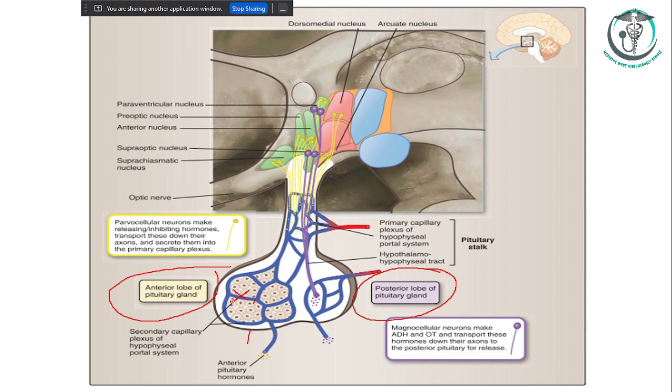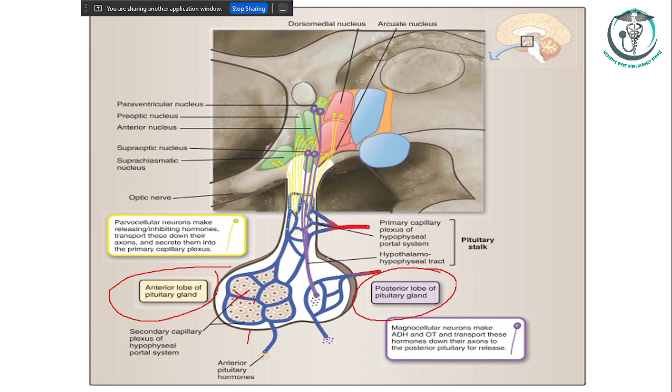Then the cells of the anterior pituitary gland respond based on what type of hormone was released by the hypothalamus. That is how the hypothalamus is able to control the anterior pituitary gland. But the arrangement on the posterior aspect is different. On the posterior aspect, the nerves of the hypothalamus extend from the nuclei all the way to the back.